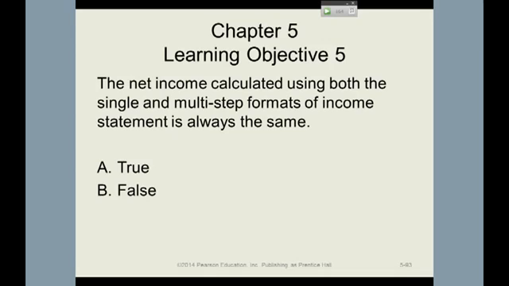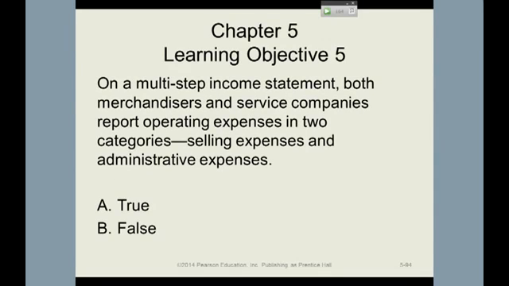Okay, the next one tells you that on a multi-step income statement, both merchandisers and service companies will report operating expenses in two categories: selling and administrative expenses. And what do you think for service companies? The reason why I didn't ask this is it's kind of, I wouldn't say tricky, but it could go either way. Technically I would think that a service company would probably have mostly administrative expenses, right?